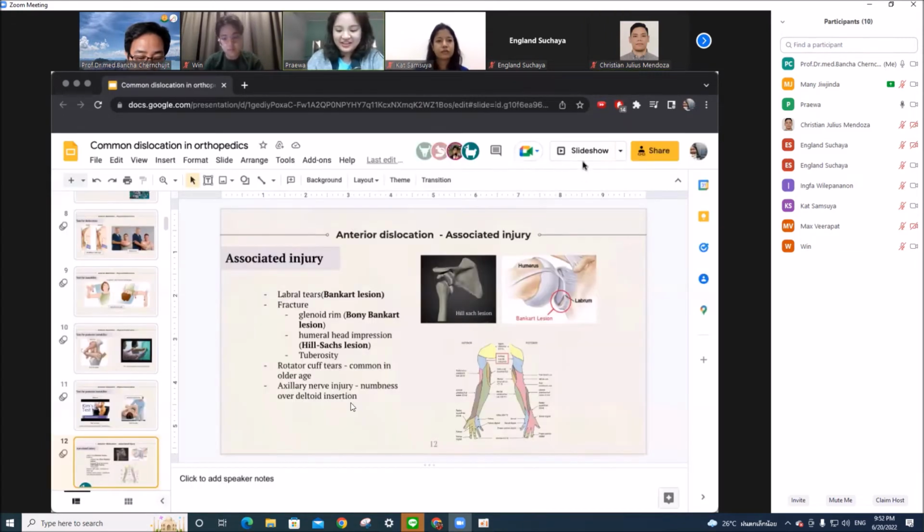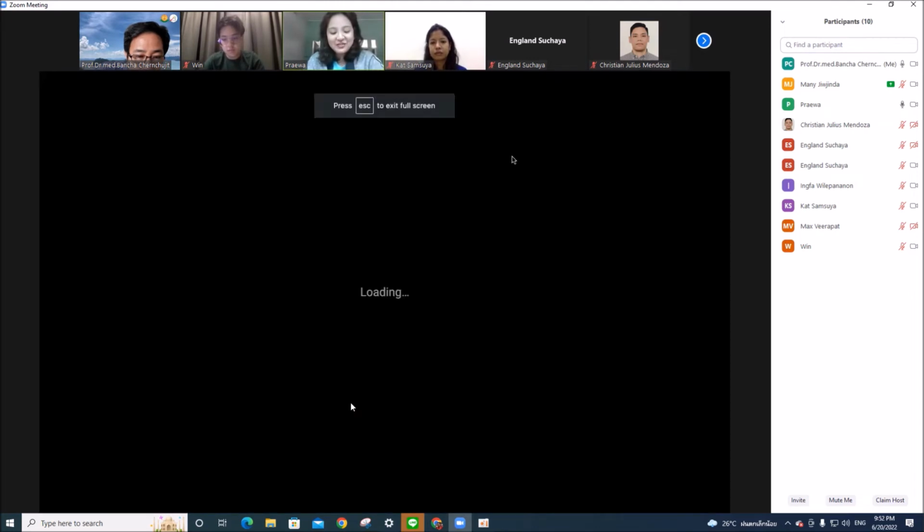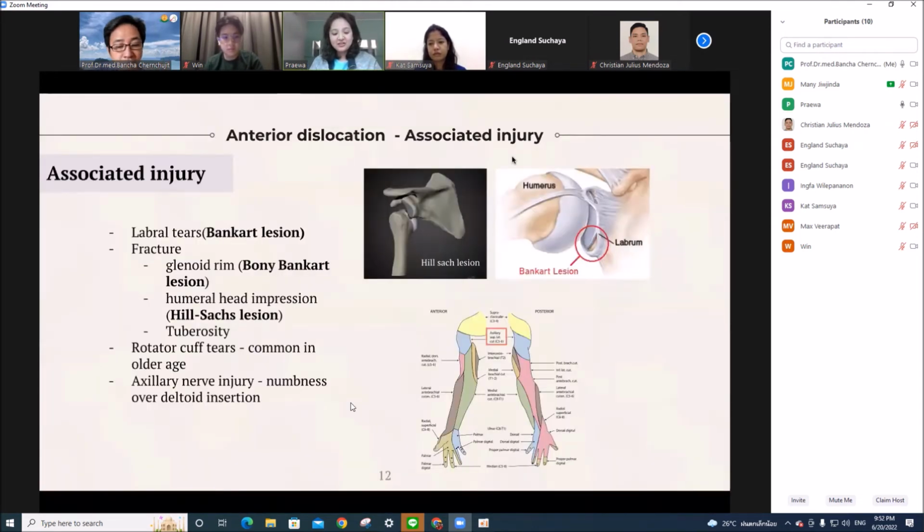Okay, I'm going to try to answer your question. My understanding is that the main difference is the associated injury. For the elderly, it's common to see anterior dislocation with rotator cuff tears and also axillary nerve injury. And sometimes a tuberosity fracture.